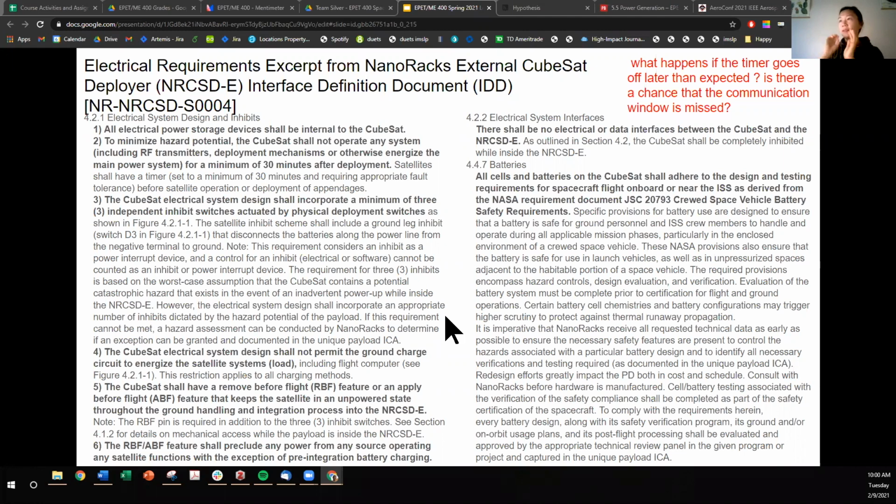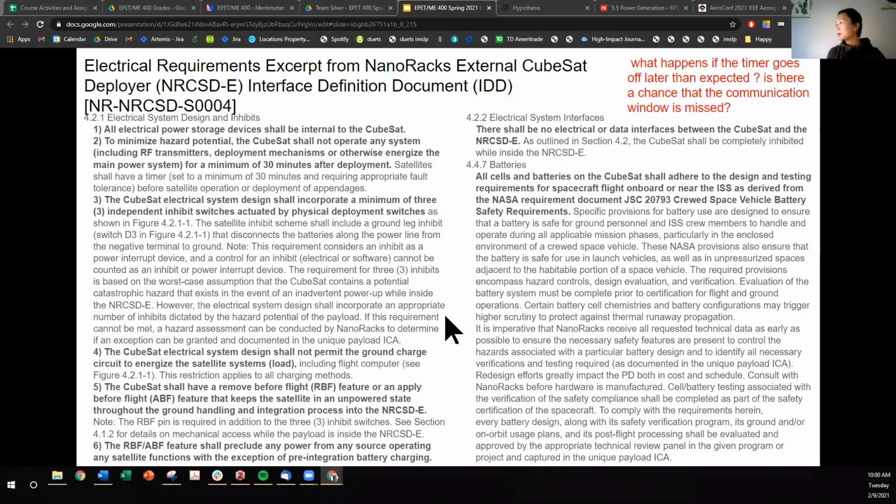When the satellite leaves the P-pod deployer, that switch can come back out because it's not flush against the rail of the P-pod deployer. And that's what the physical deployment switch is referring to: when it's in the P-pod deployer, the switch is physically down, and when it exits, the switch switches to on, and that's when the electrical power system can start energizing different components.